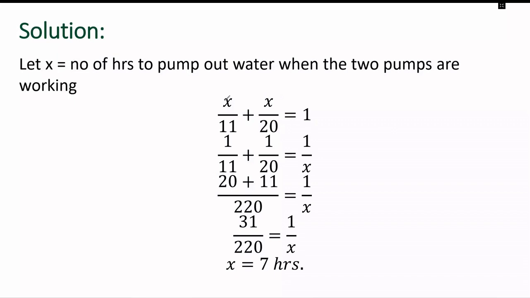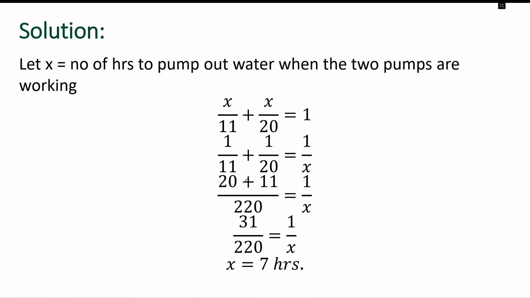So we can represent it this way. It is like a resistor; we're trying to find the resistance. Anyway, so we move x to the denominator here. So 1 over 11 plus 1 over 20 is equal to 1 over x.